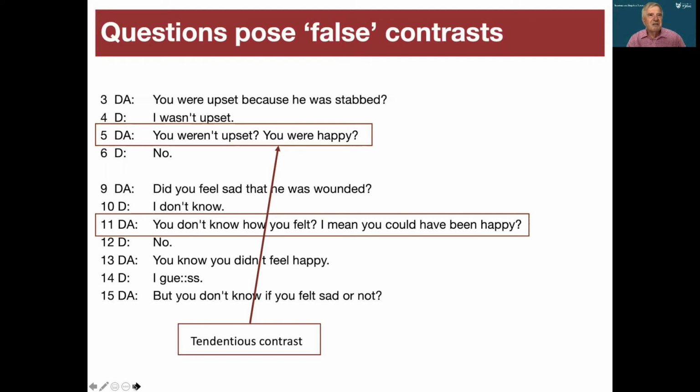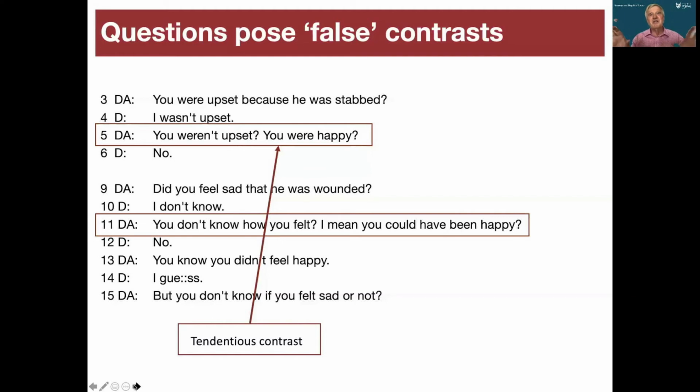Now she answers, I don't know, he then treats, you don't know how you felt, as being, she doesn't know how she felt. So you could have been happy. It goes back to his point in line 5. No, you know you didn't feel happy, I guess, but you don't know if you felt sad or not.